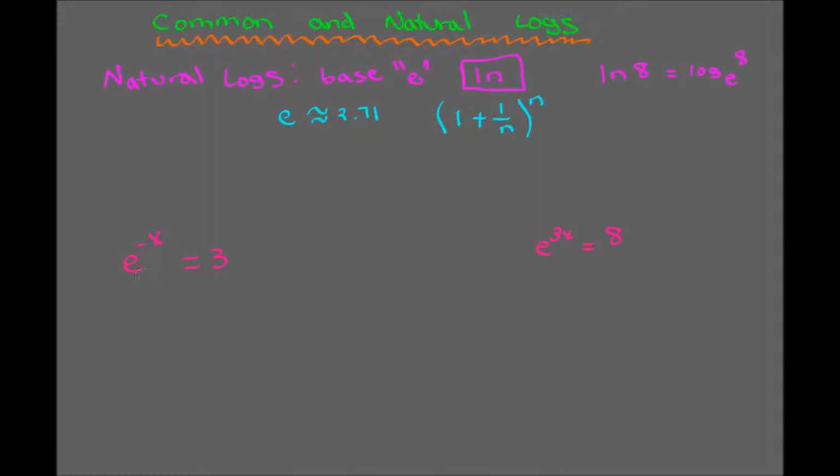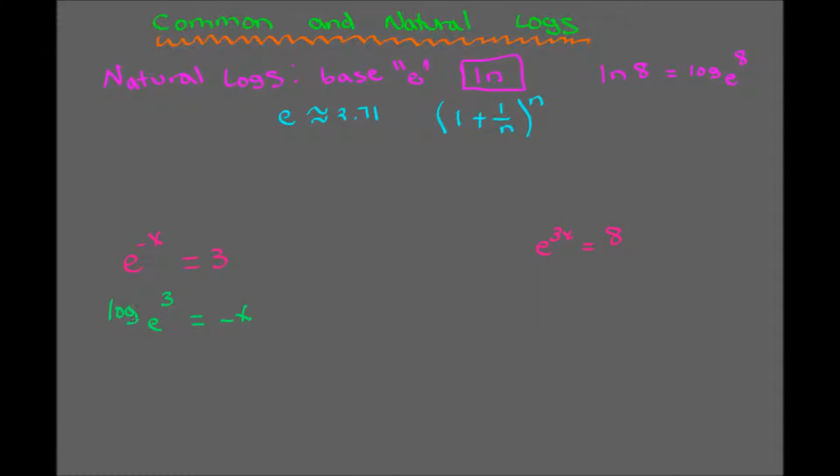When we have e to the negative x is equal to 3, let's find what x is. So the first thing we do is we make this into a log. So we have log base e of 3 is equal to negative x.